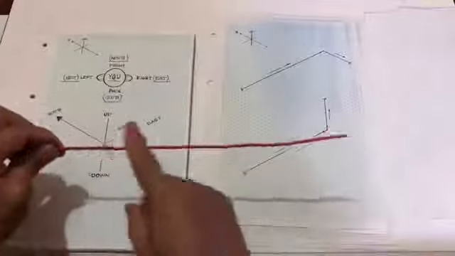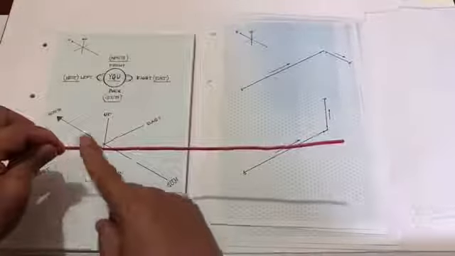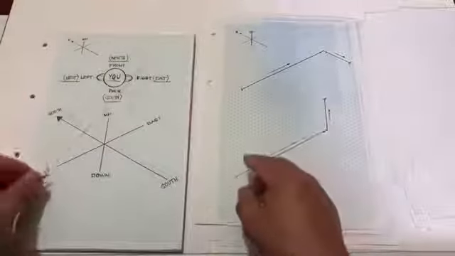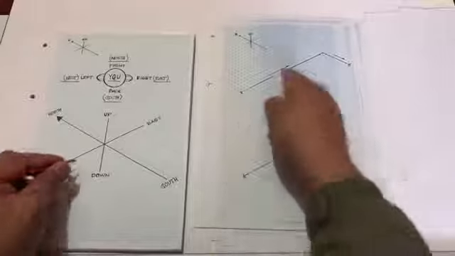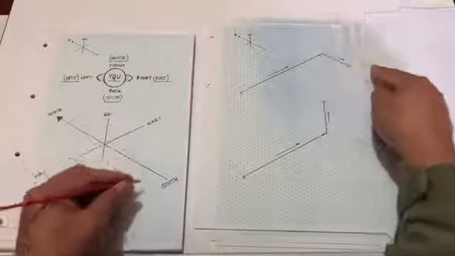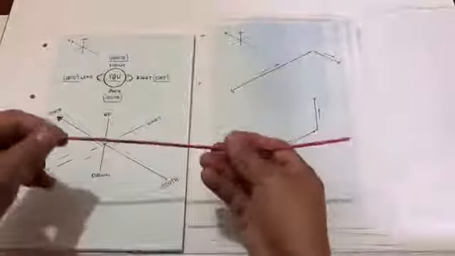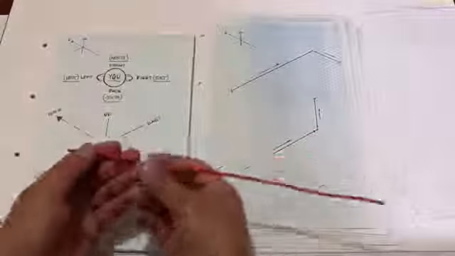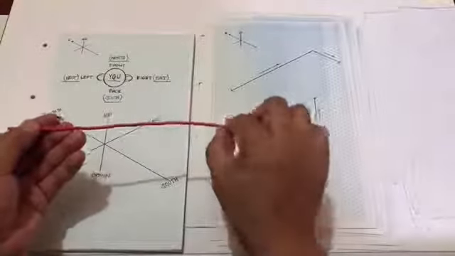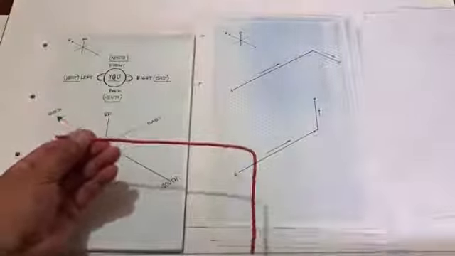Now from the west to the east, from your left, so from the west to the east, then bend to south. Okay, from the west to the east and bend to south. Right?